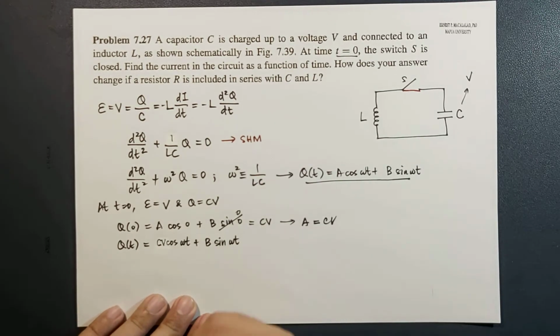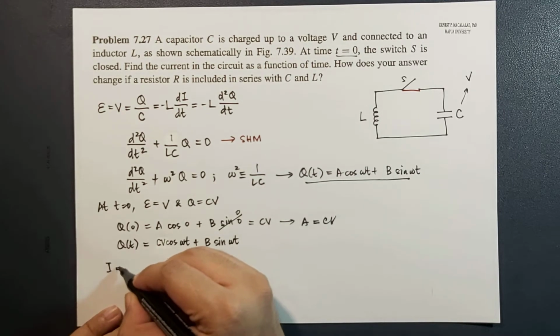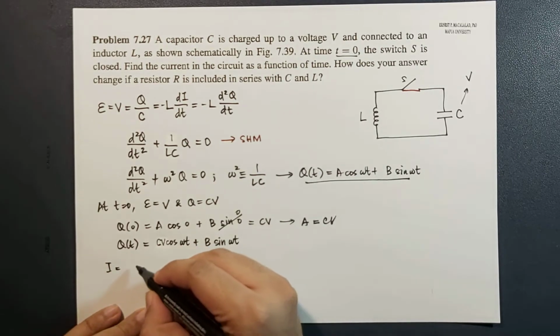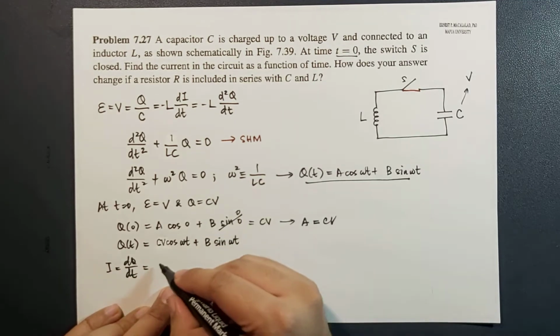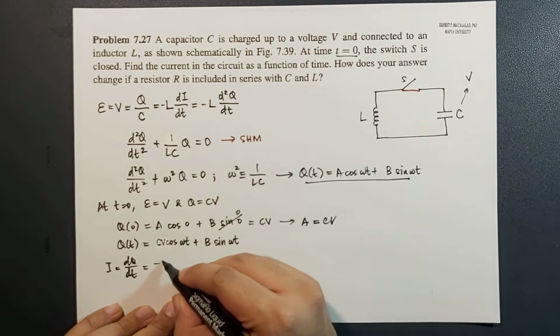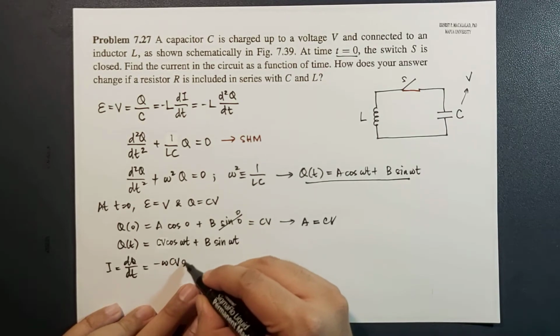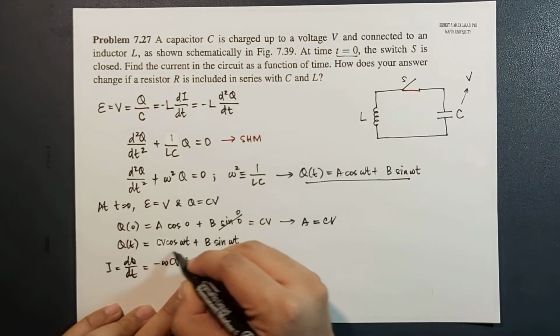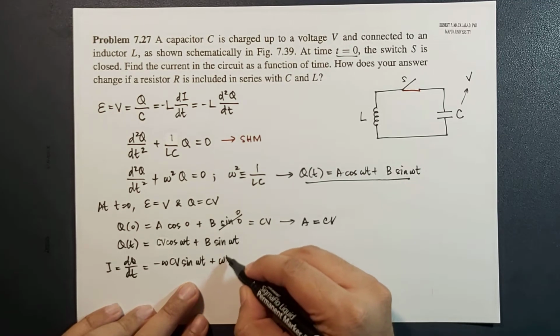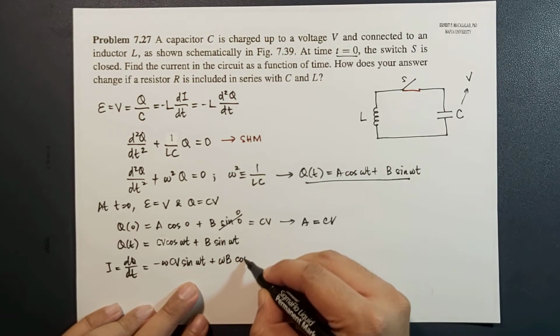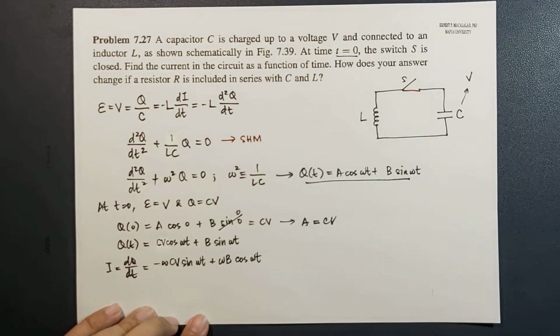Now differentiating this with respect to time will give us the current. This gives us negative omega CV sine omega t plus omega B cosine omega t.